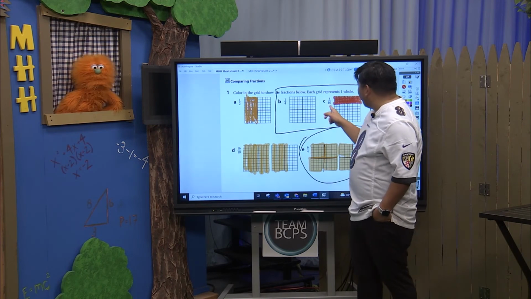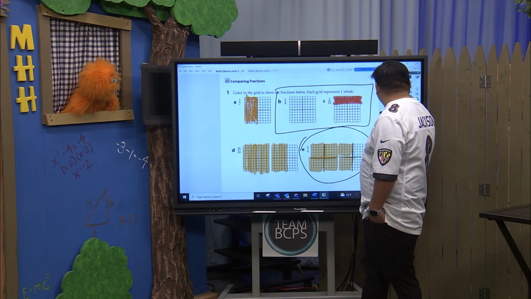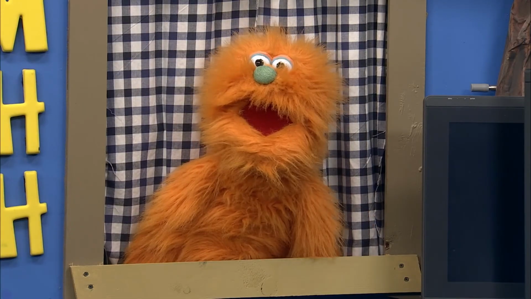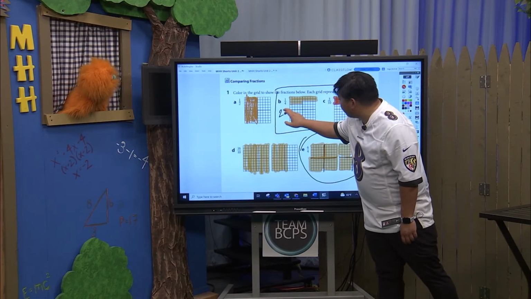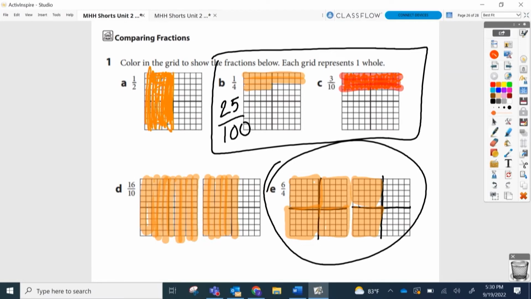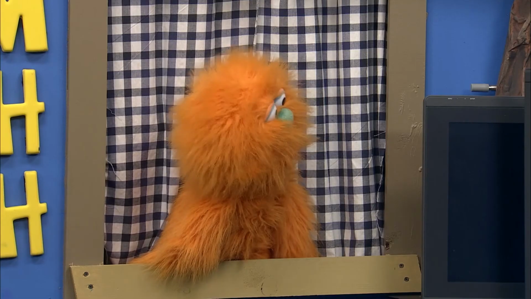So another way that we can take a look at this and compare them is 25 hundredths. That makes total sense. So 25 hundredths is the same or equivalent to 1/4. And that would be greater than or less than 3/10? That would be less than 3/10.